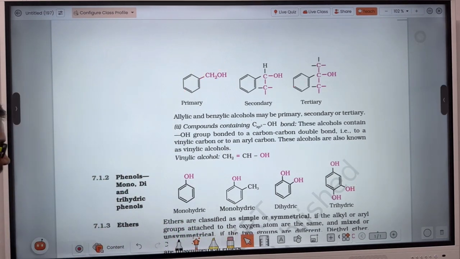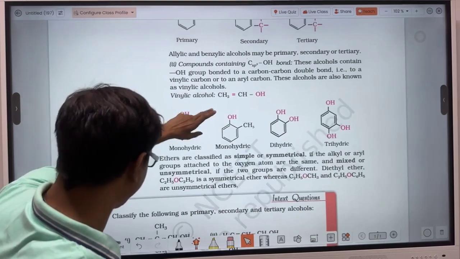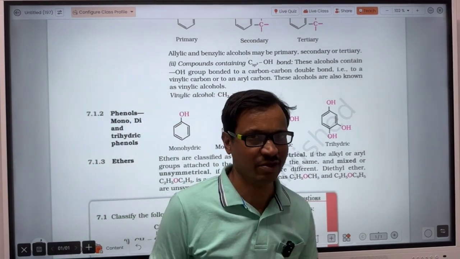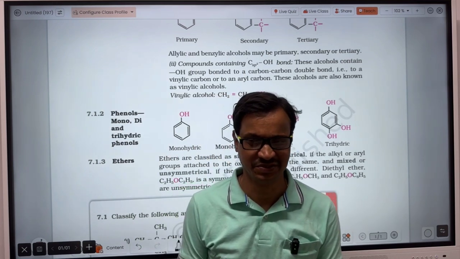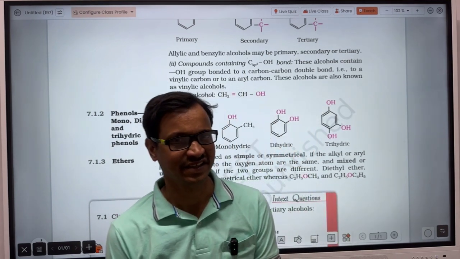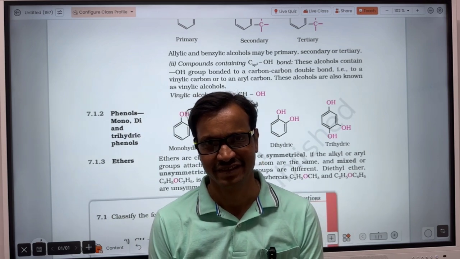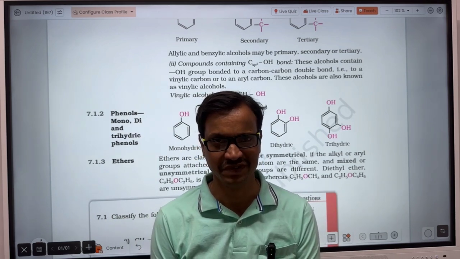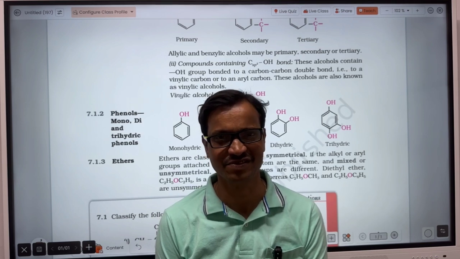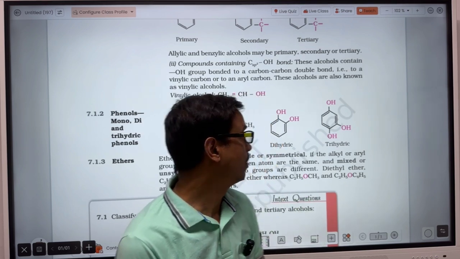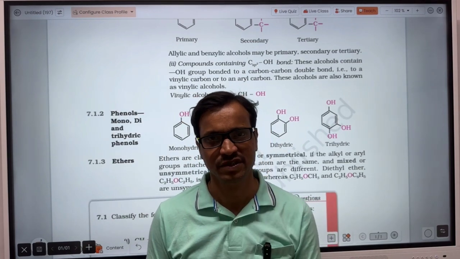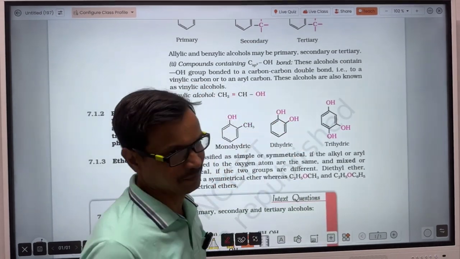You are already aware. Now vinylic alcohol: like in vinyl halide, you have studied that the halogen was directly bonded to an sp2 hybridized carbon. In the same way, in vinylic alcohol, the hydroxyl group is directly bonded to an sp2 hybridized carbon atom of an open chain. The OH is bonded to the sp2 hybridized carbon atom of a non-aromatic compound.